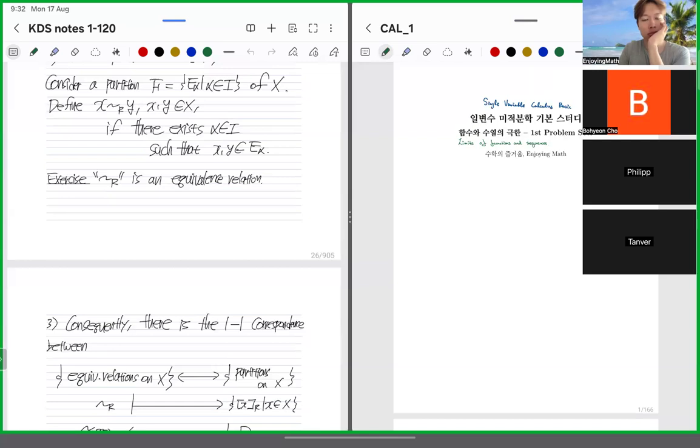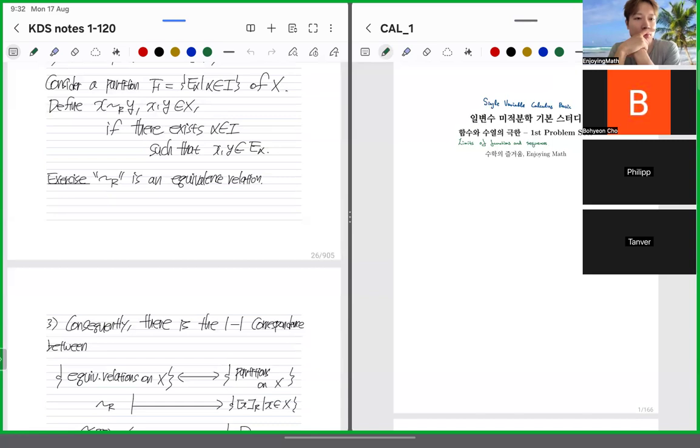Yeah, but I'm not sure it makes sense. This comes from the definition of the classes. But maybe we can say, let's say x is related to y and y is related to z, and we have to show that x is related to z, right?